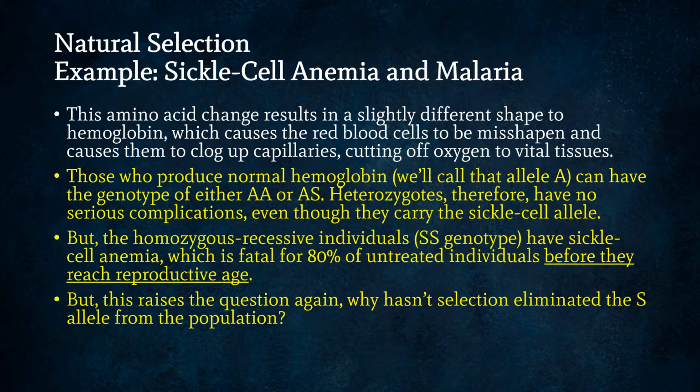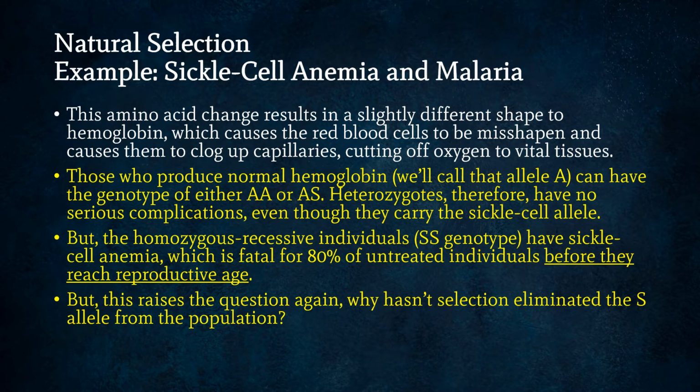AA would be homozygous, AS would be heterozygous because there are two different versions of the allele. So we're looking at the genes, we're looking at if they have the normal hemoglobin or the mutated version. AA would have 2 normal copies of this gene, AS would have 1 normal copy and 1 mutated version, the sickle cell version. So if you are an AA or an AS, you have no serious complications and you will have normal hemoglobin.